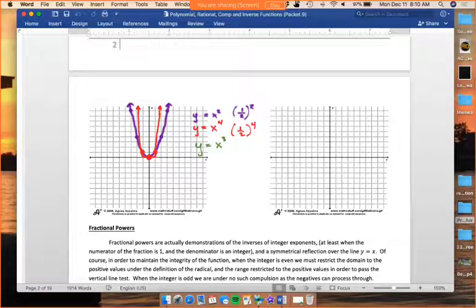So again, if p is positive, our graph has to include the origin. And when x is positive, x to the third is going to be positive. So again, we're going to include that point 1, 1. And it's going to continue to increase from there. It's going to increase a little bit faster than x squared, but not quite as fast as x to the fourth.